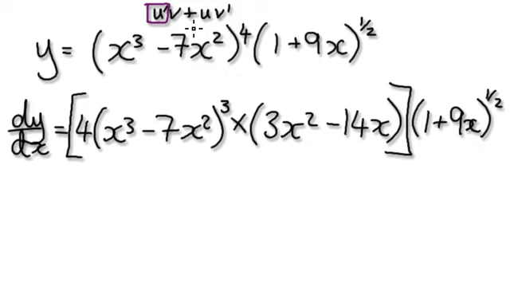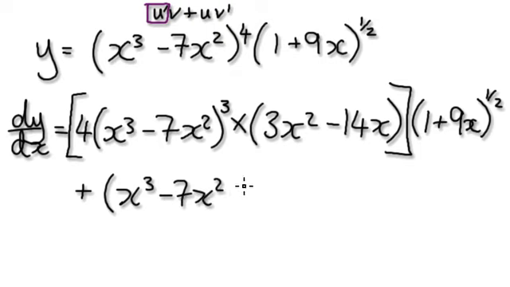Okay, now for this plus here, now leave the u intact. So leaving that intact will be x to the power of 3 minus 7x squared to the power of 4.